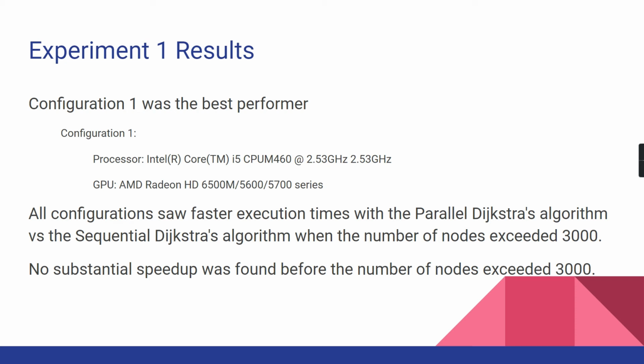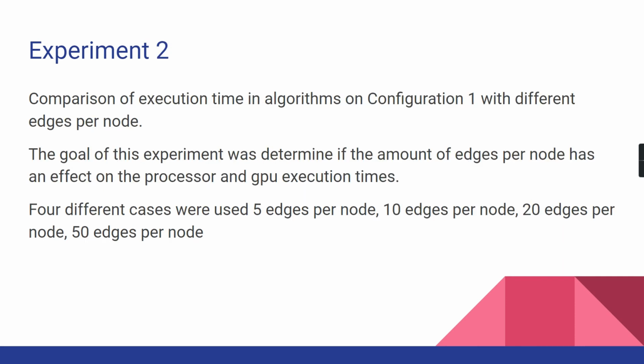They saw faster execution times when the number of nodes exceeded 3,000. For most of them, however, they did not see substantial speed up before the nodes exceeded 3,000, with the exception of configuration 1. So from that, they decided that since it was the best performer, they were going to perform experiment 2 on it.